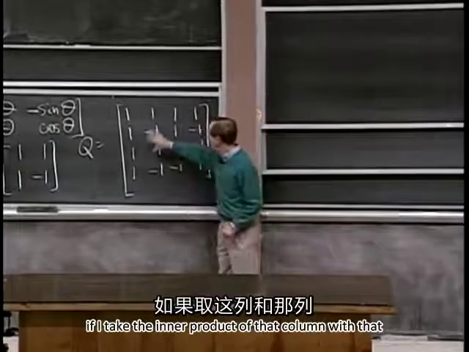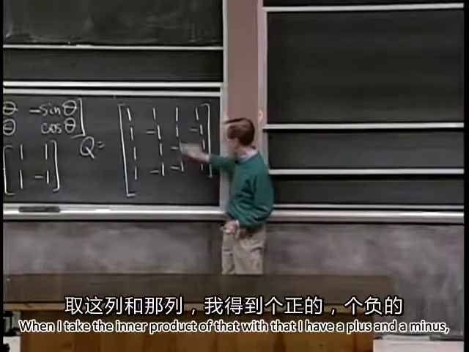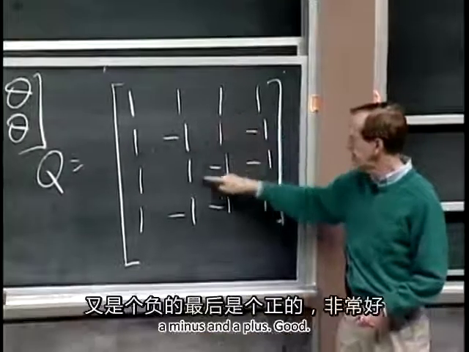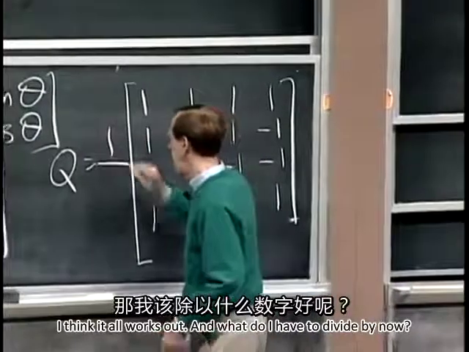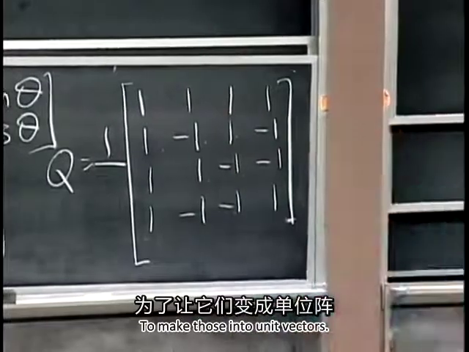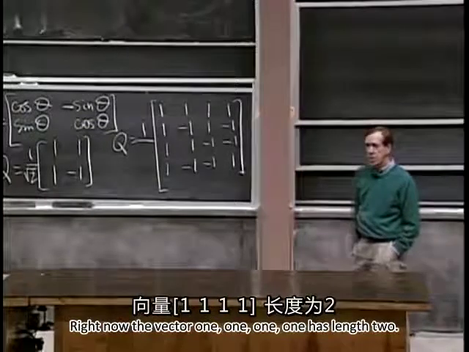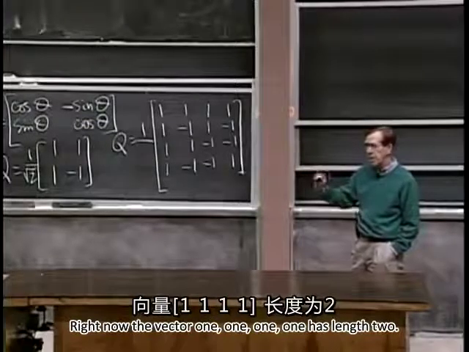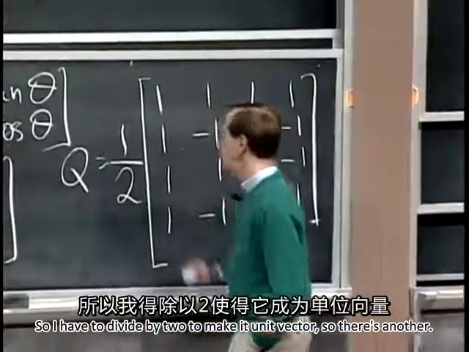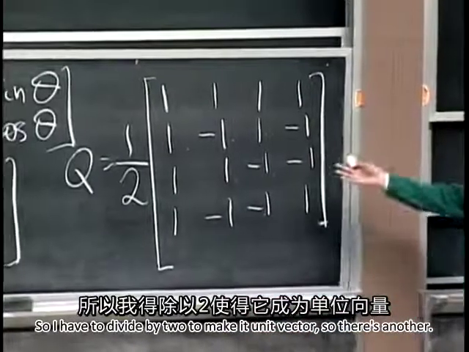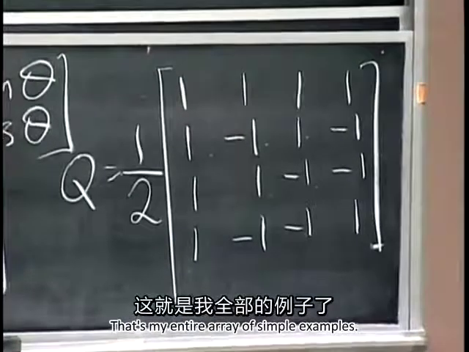If I take the inner product of that column with that, I have 2 minuses and 2 pluses. That's good. When I take the inner product of that with that, I have a plus and a minus and a plus. Good. I think it all works out. And what do I have to divide by now to make those into unit vectors? Right now, the vector 1, 1, 1, 1 has length 2, square root of 4. So I have to divide by 2 to make it a unit vector. So there's another. That's my entire array of simple examples.